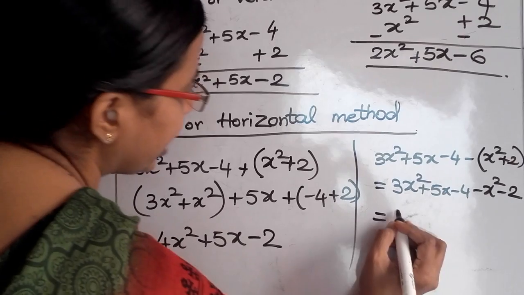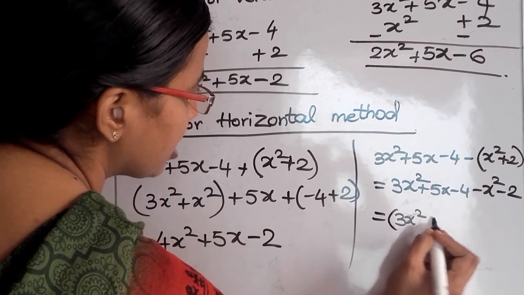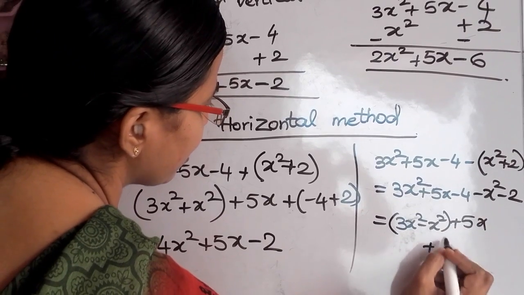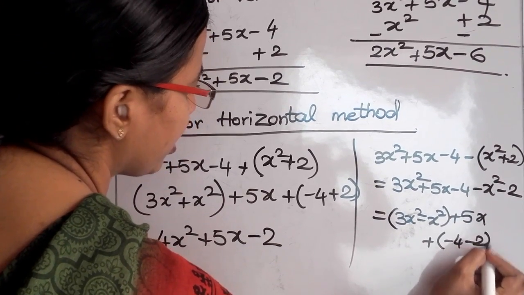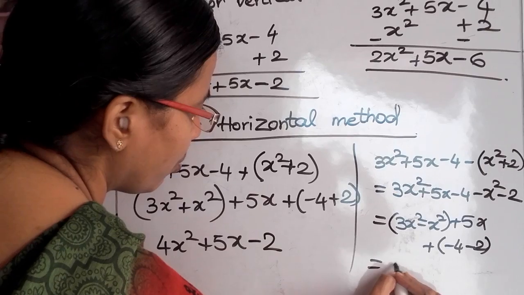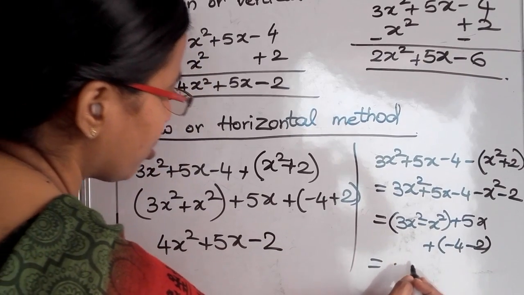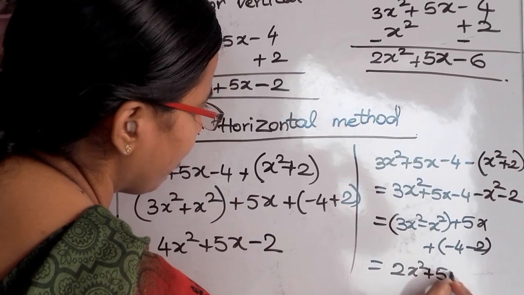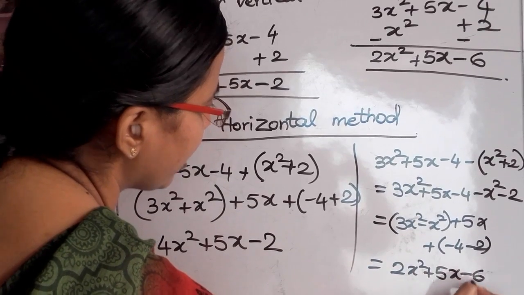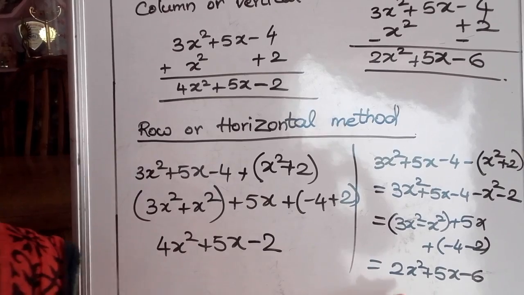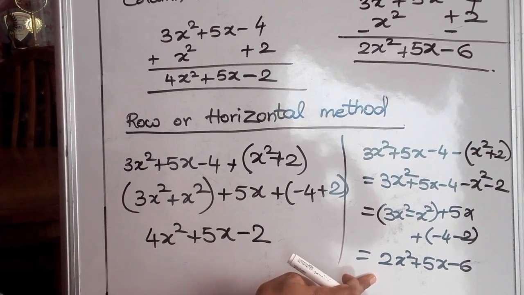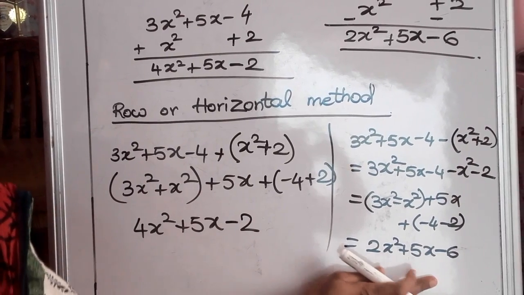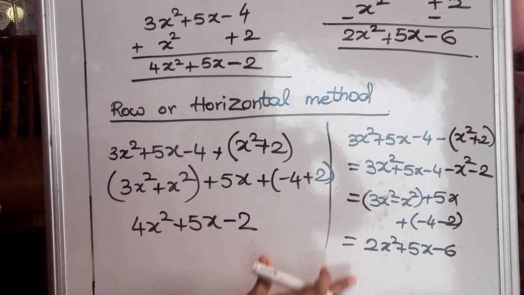Now write the like terms together. 3x square minus x square plus 5x plus minus 4 minus 2. So this is equal to 3x square minus 1x square is 2x square plus 5x minus 6. Here also you can see that the answer is the same, 2x square plus 5x minus 6. Understood these two methods? Okay.